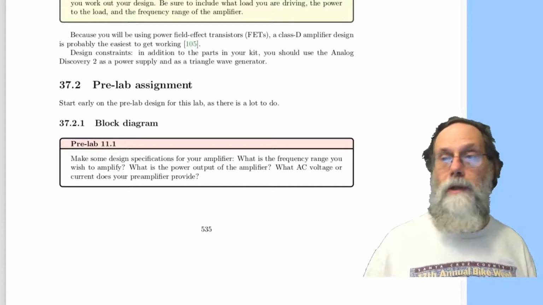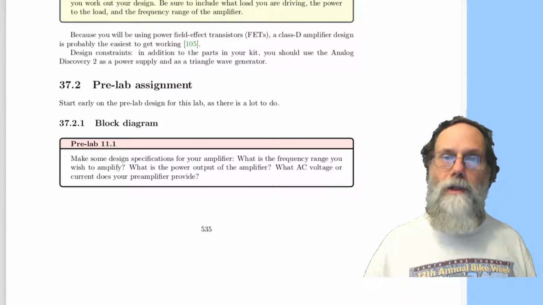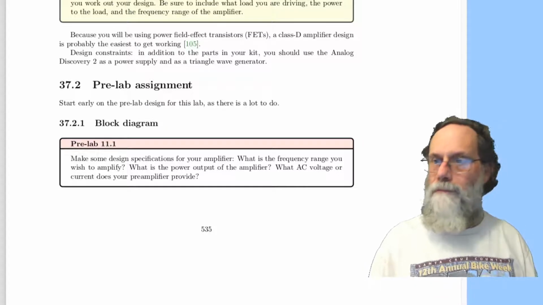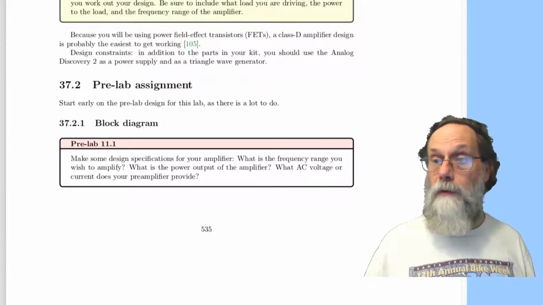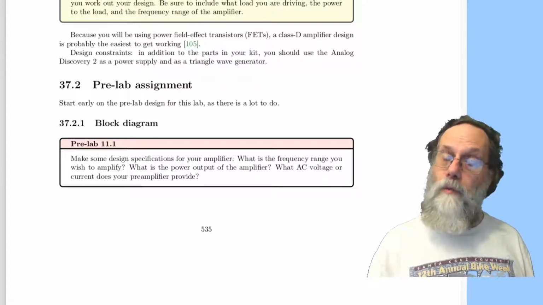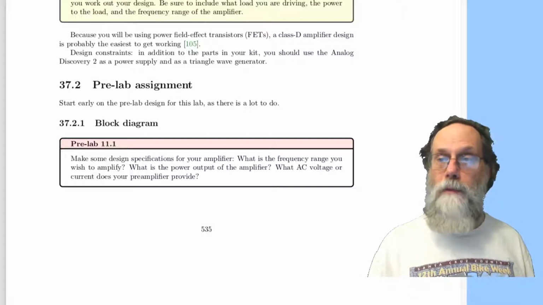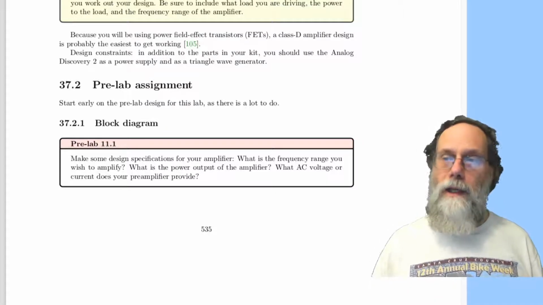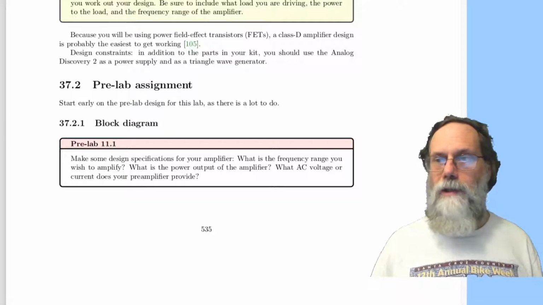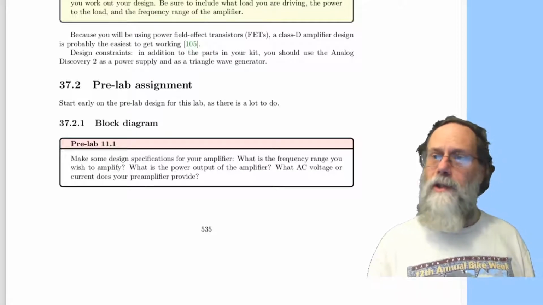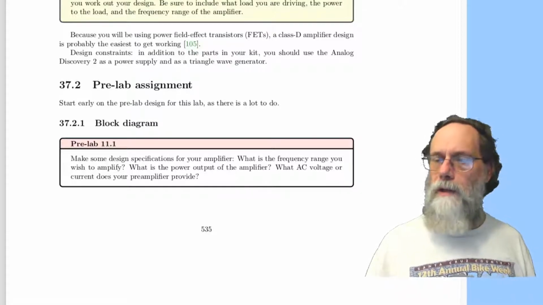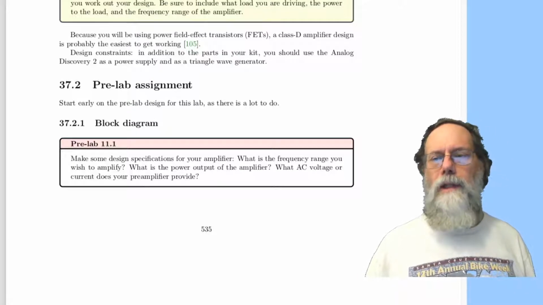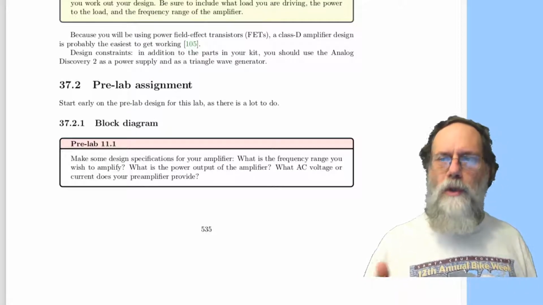Where's the voltage centered? All those things are important in doing the design, and you should lay out what your different blocks are and what all the signals are, the interfaces between those blocks. There's a tendency for electrical engineers in general to say, well, these are the parts of my design, here are my blocks, and not to pay nearly enough attention to what is the connection between the blocks.